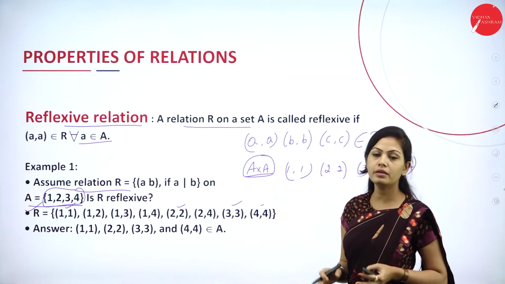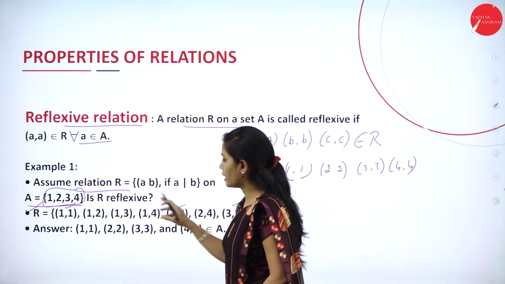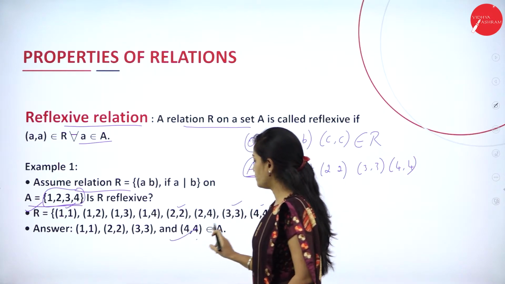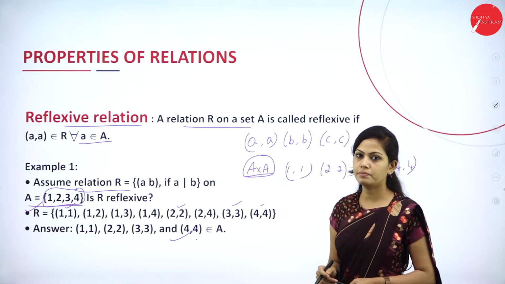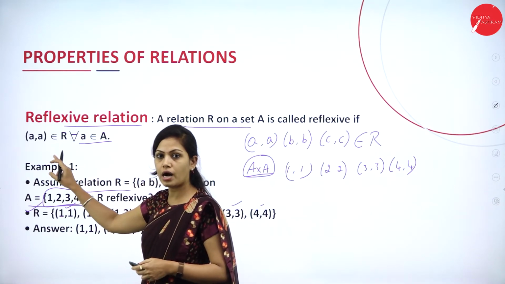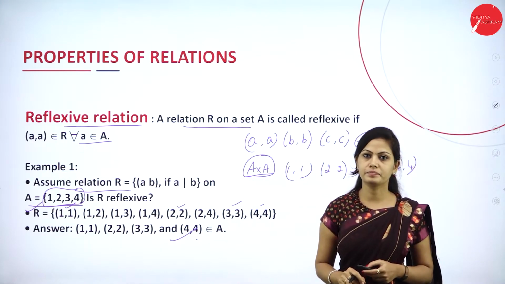In this relation, I have all of them, so it is reflexive. If it satisfies (a,a) belongs to R, then we call it a reflexive relation.